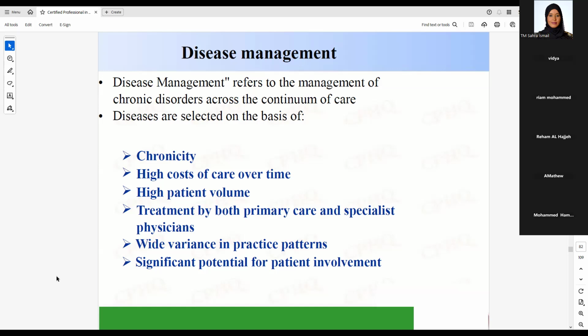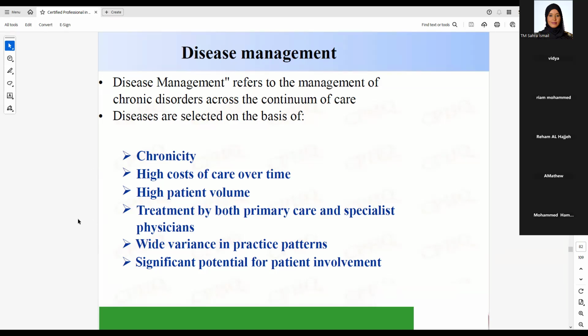What else? There are certain KPIs we always report on. Stroke, MI, heart failure, asthma, pneumonia. So there are certain diseases, asthma specifically for children, that they look at and decide to implement the concept of disease management on.